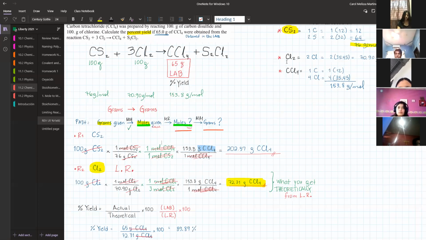In other words, the limiting reactant tells you how effective your reaction was. You were expecting to get 72 grams, okay? Because that's what you should get in theory. But instead, you just got 65. So how effective was the reaction?